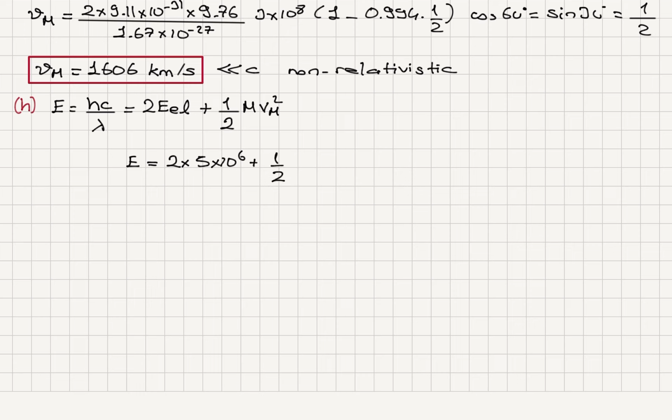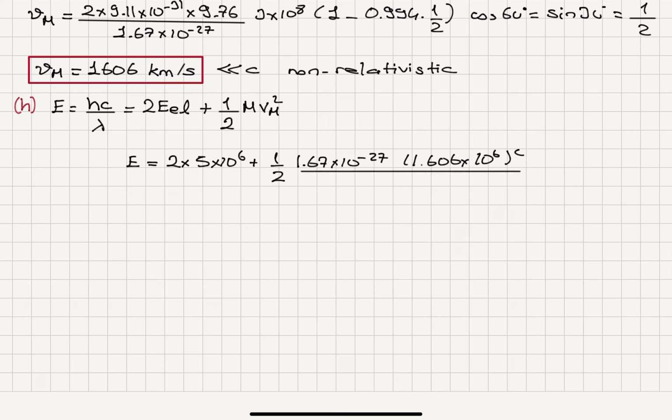1 over 2 times 1.67 times 10 to minus 27 kilograms times 1.606 times 10 to 6 meters per second squared, and if I divide this by the electron charge, 1.6 times 10 to minus 19 coulombs, I will get it in electron volts.